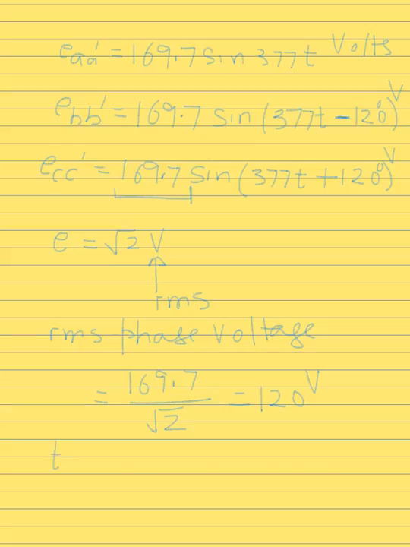The terminal voltage now: it's asking for the terminal voltage at the generator for a Y connection. In case of Y connection, the line and the phase voltages are different. The terminal voltage, which is the line-to-line voltage, is given by root 3 times the phase voltage.